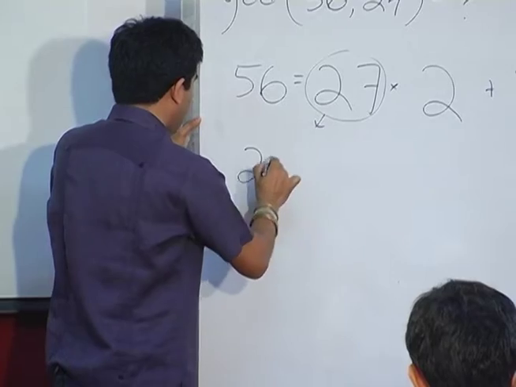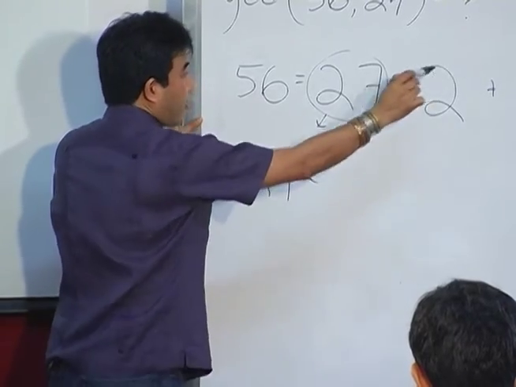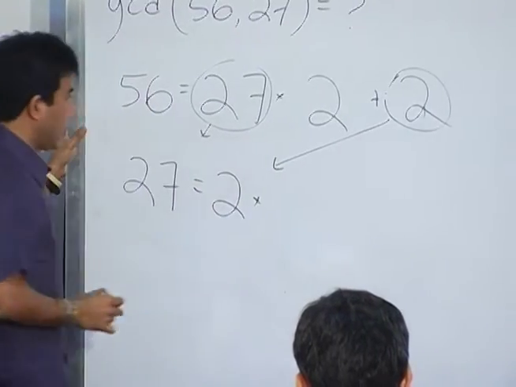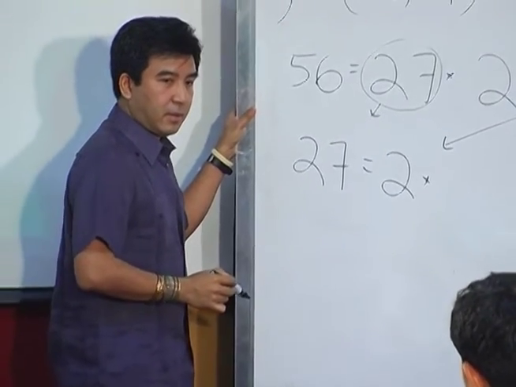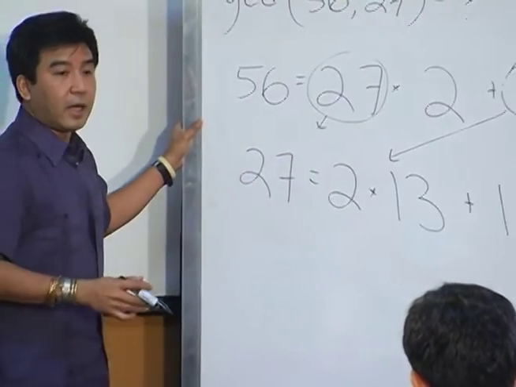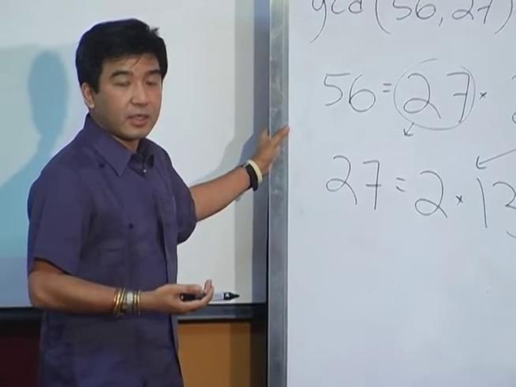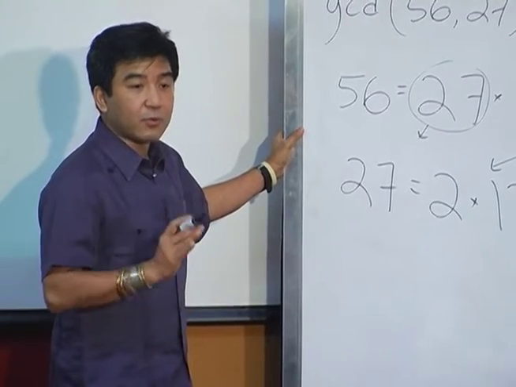This is 27, and then the remainder I will bring down as a divisor. So this is 2 times 13 plus 1. Now I repeat it. We will keep on repeating this process until we get a remainder that is equal to 0.